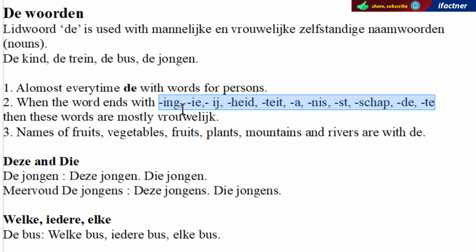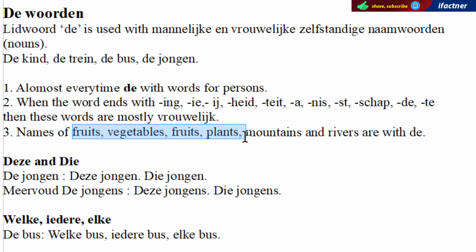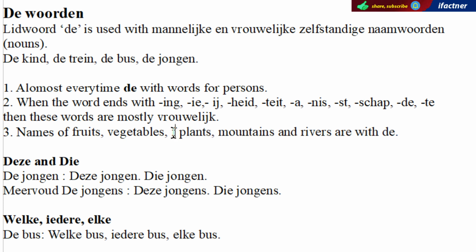So you have to memorize these words. And names of fruits, vegetables, plants, mountains, and rivers always start with de. So these are some of the tricks, but you will be able to use the correct words as you speak and use a lot of Dutch.